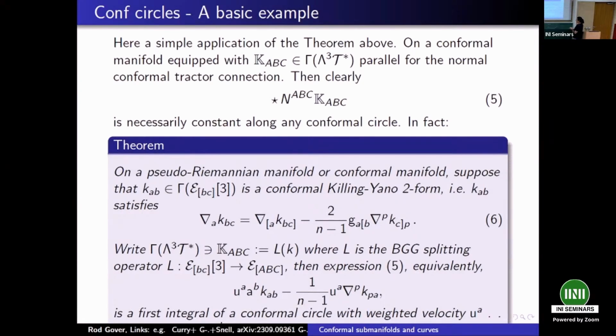Now, the theorem here says that in fact, this K doesn't need to be parallel. You only need this K to solve this Killing-Yano equation. You make this BGG splitting operator and form this object, and that is a conserved quantity along the curve. Although this is not parallel, it's nearly parallel for the tractor connection, and that's why it works. But I won't go into that detail.